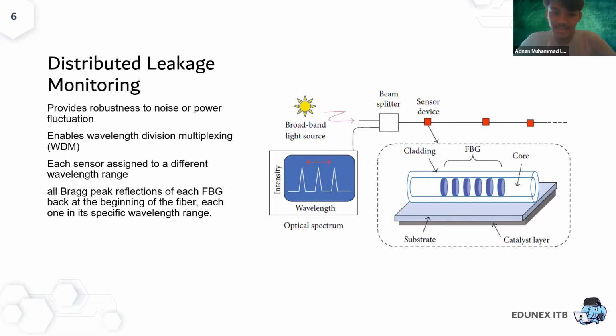Each sensor device will reflect a specific wavelength, and each wavelength from each sensor device will be combined by a multiplexing method that we call wavelength division multiplexing.